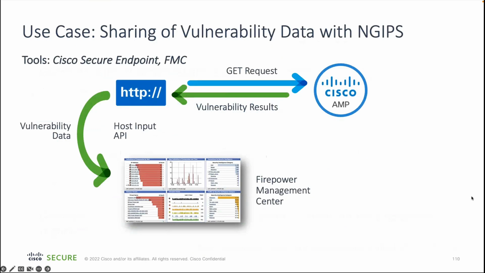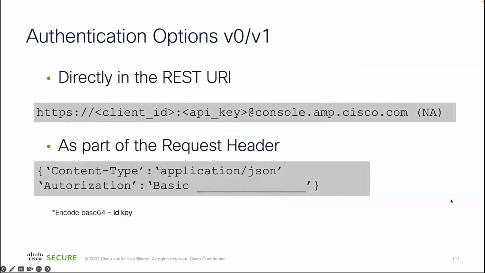So one thing we always start with when we start learning new APIs is understanding how to authenticate to that API. In this case, there are different ways you can authenticate depending on the API version.